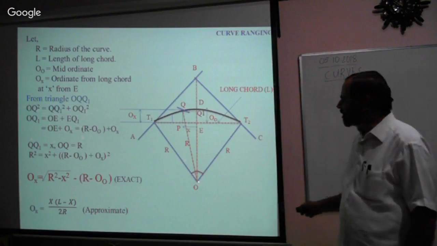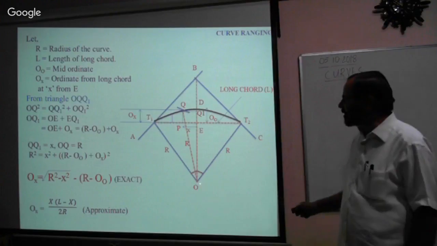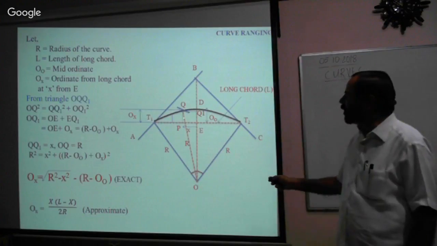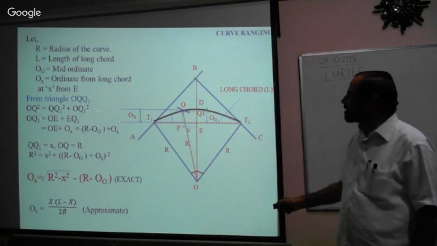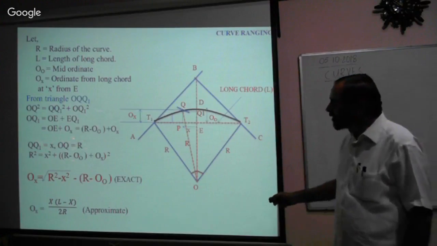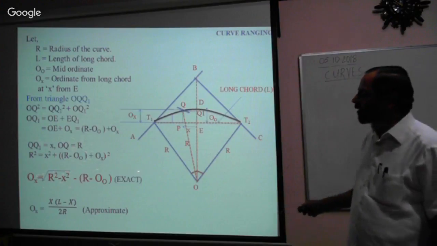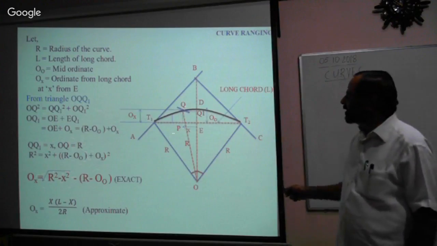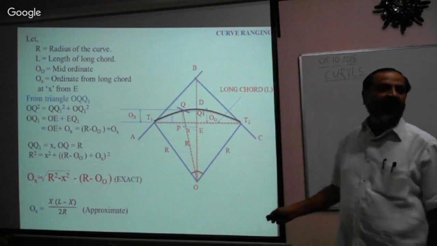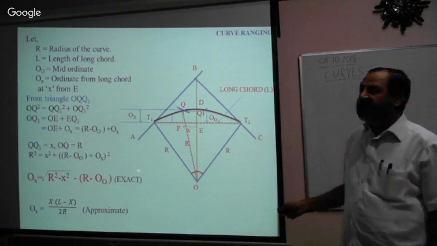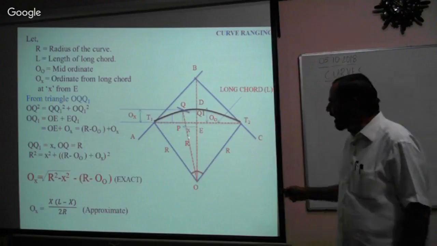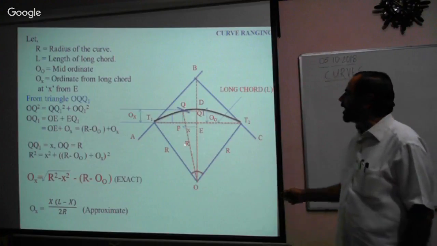Now we know OQ is R, and QQ1 is x. Now substitute this, and we are going to get OX, that is x, equal to, this equation. Just by solving this triangle, we will get this.